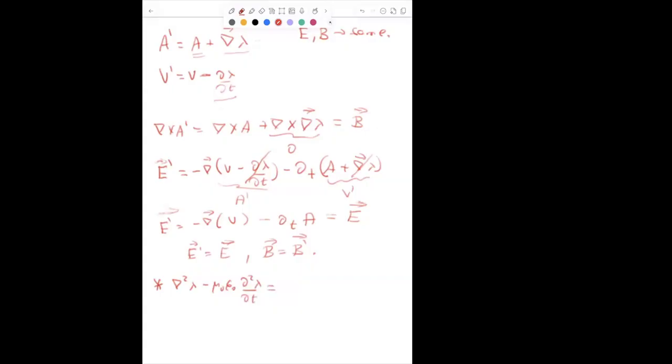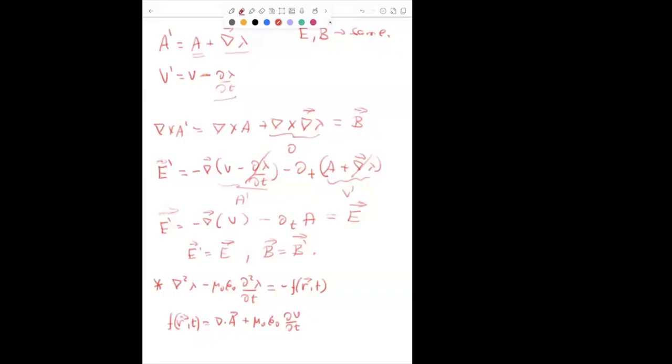So this is an equation for lambda, and what you see here is again the Laplacian, and this is equal to some function of r and t. And if you want to know what this function is, it's easy to show that it is simply given by div A plus mu0 epsilon0 dV/dt. So again, the A is with the div, and the potential is with the V.